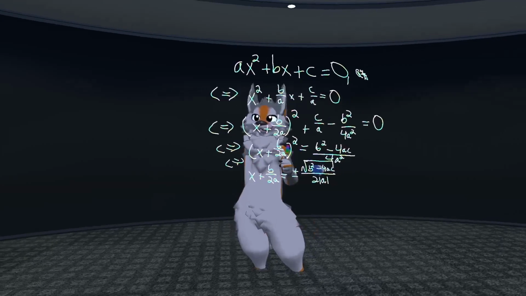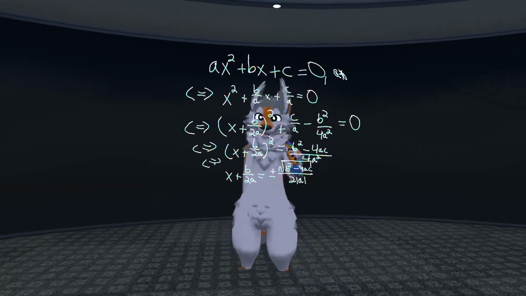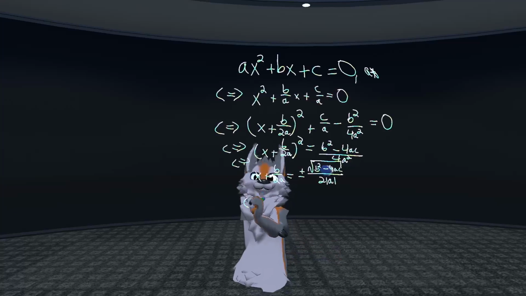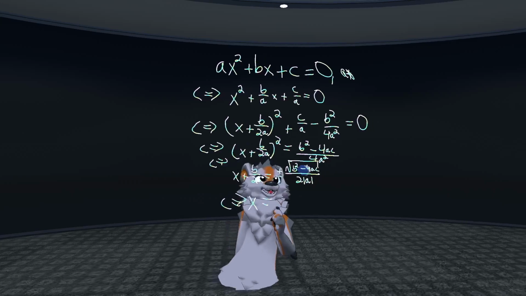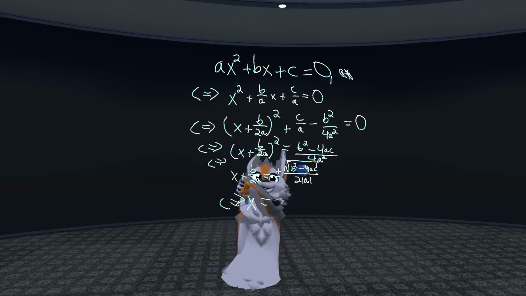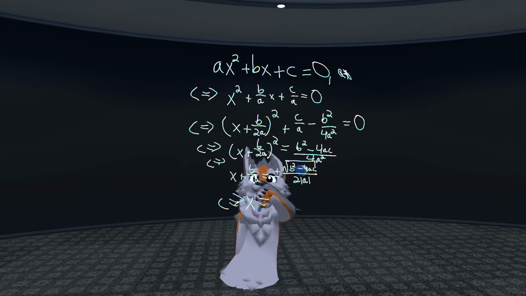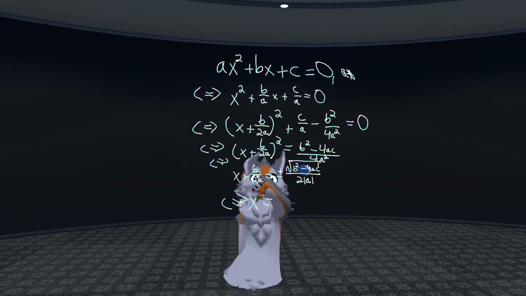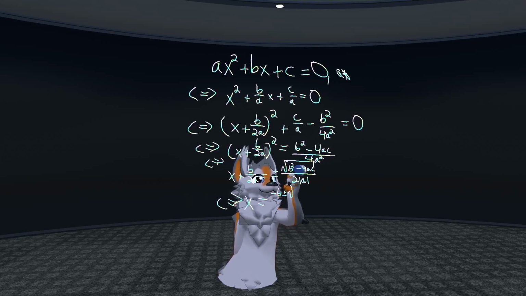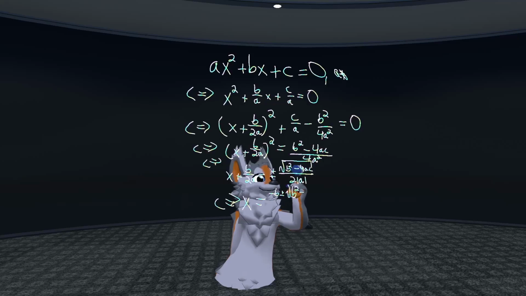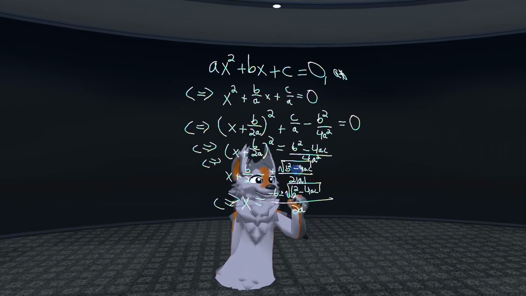Finally, we get that x is equal to minus b plus or minus the square root of b squared minus 4ac, all over 2 times a.